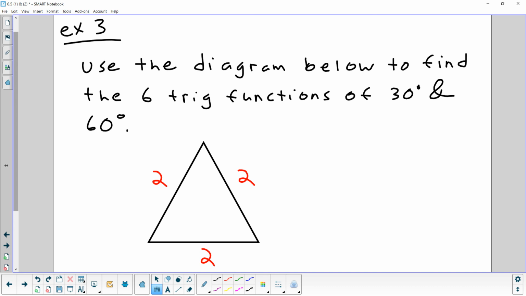So I need to construct a 30, 60, 90 out of that, because right now I have a triangle that's 60, 60, 60. But I have to modify that picture. I want to keep everything that's there, but I have to modify it by adding something.